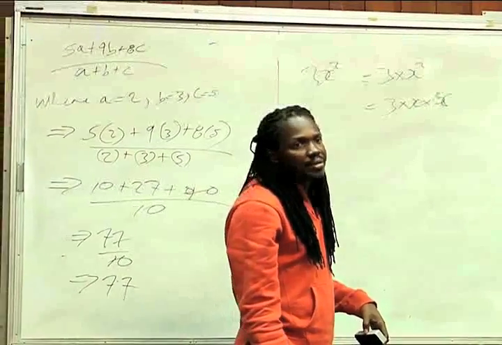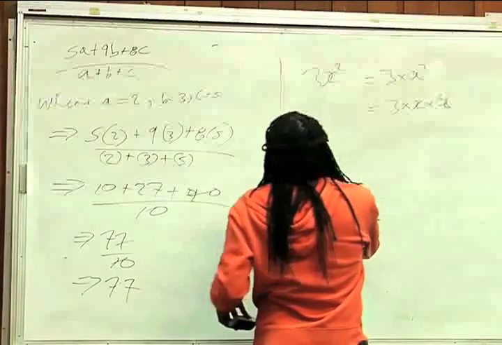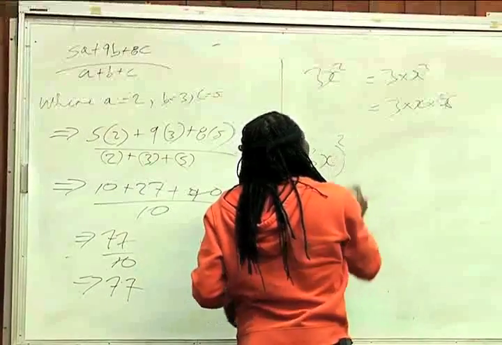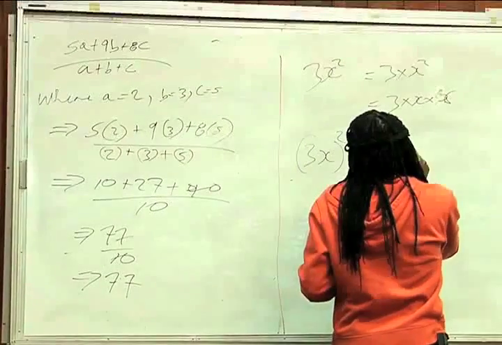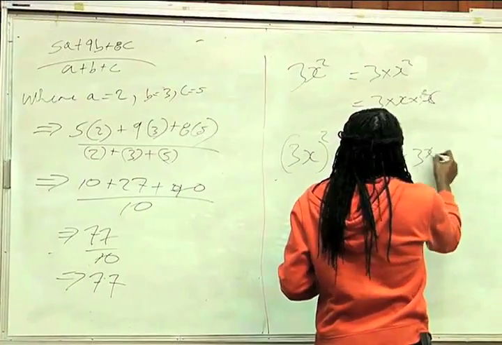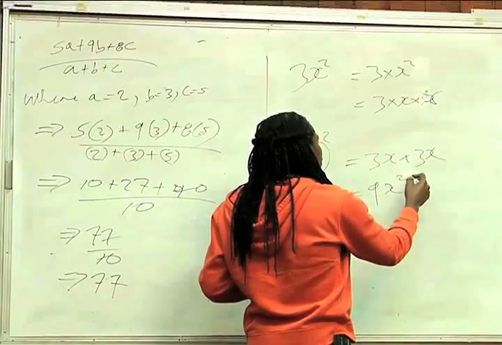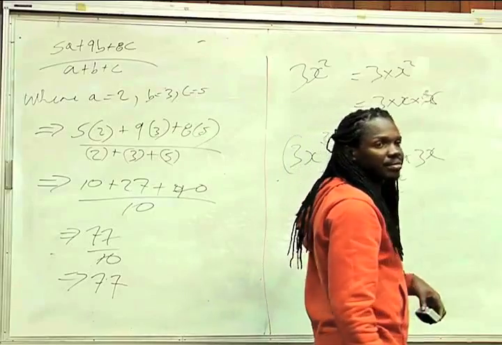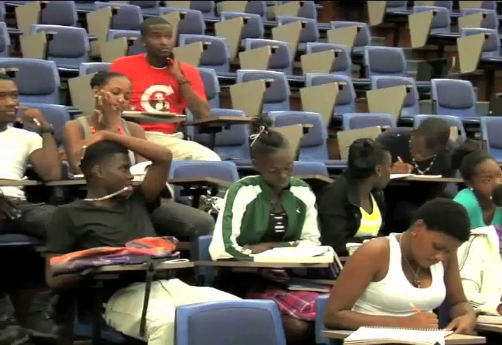Now, if it stays like this, 3x all squared, it is equal to 3x times 3x, which is equal to 9x squared. See that? Everybody see that?